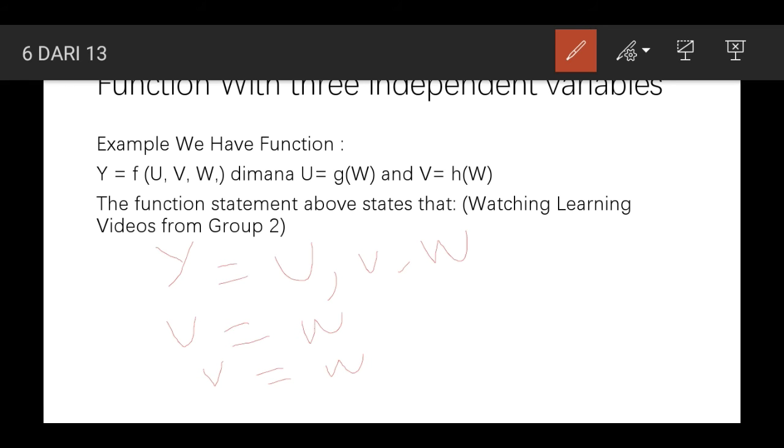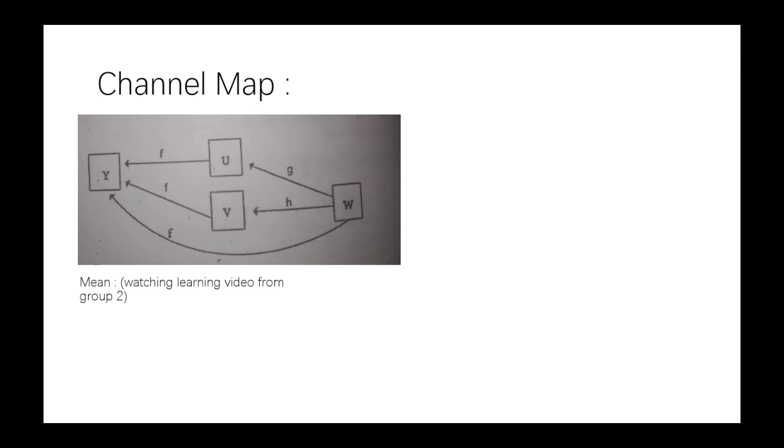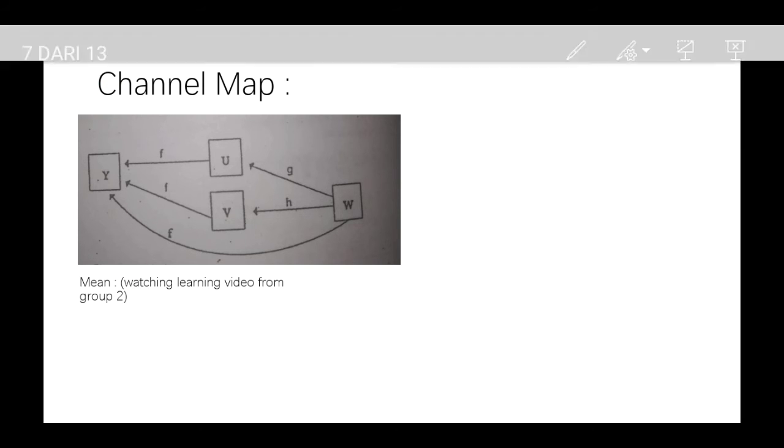So based on the third statement, look at the relationship between the four variables. We can see the channel map like that. What is the meaning of the channel map?